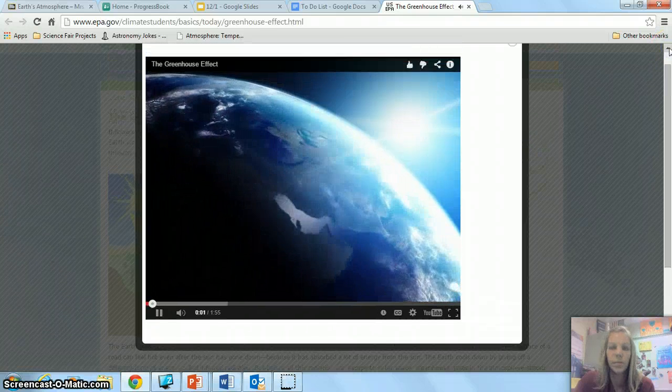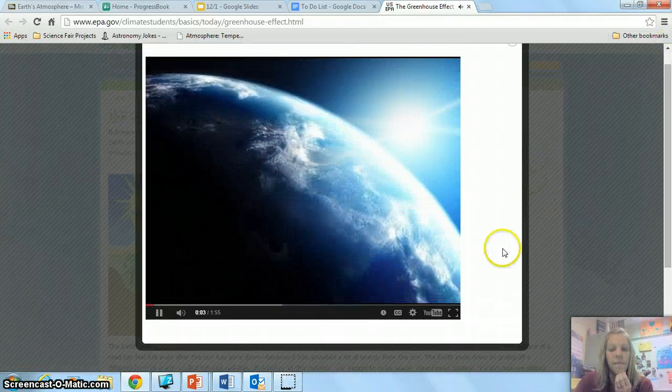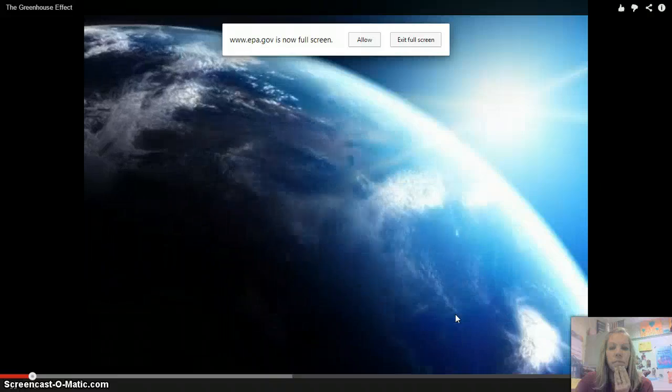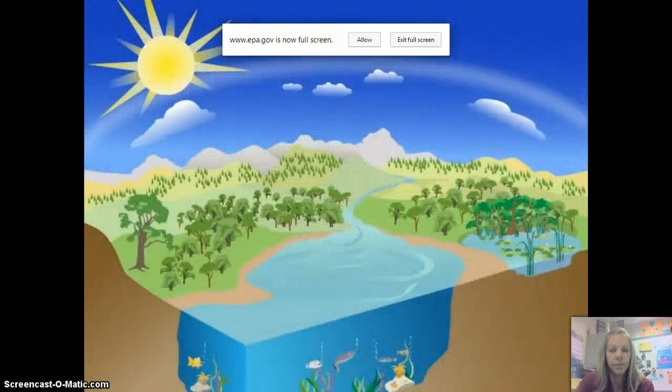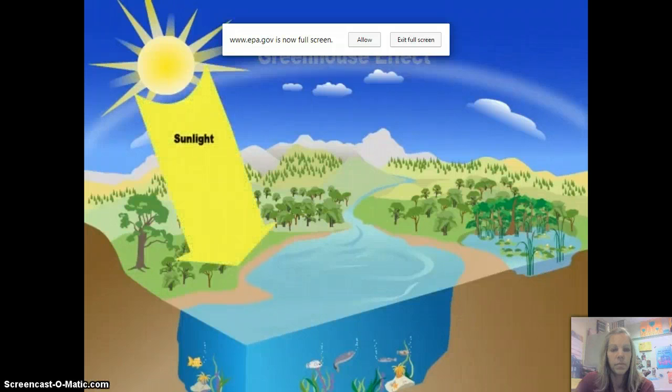Did you know that gases in our atmosphere help control the Earth's temperature? Greenhouse gases, like carbon dioxide, trap heat in the atmosphere and keep the Earth warm. This is called the greenhouse effect. It all starts with sunlight, which is a form of energy. Land and water absorb most of the sunlight that reaches the Earth.